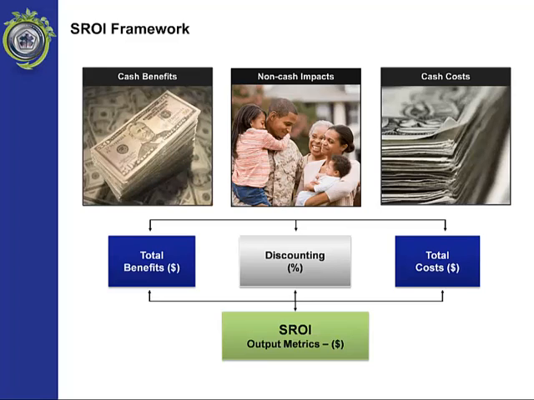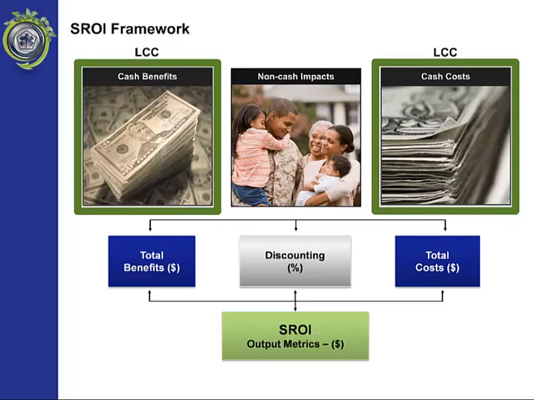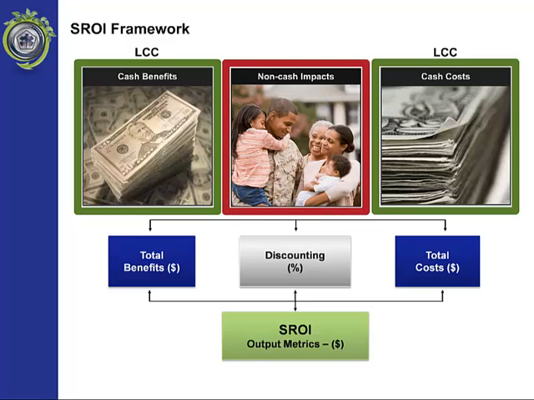As shown on the screen, traditional lifecycle cost analysis, also referred to as LCC, includes cash benefits and cash costs. The SROI framework includes LCC but adds non-cash impacts. Non-cash impacts include both non-cash benefits and non-cash costs and are quantified as part of the SROI process.